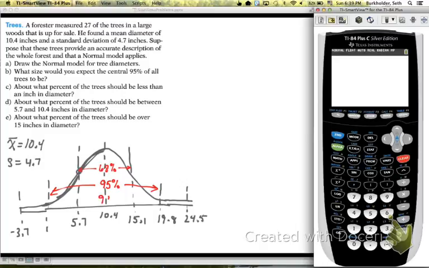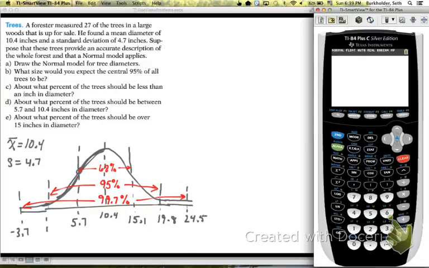And we know that nearly all, let's call it 99.7% roughly, of our values will be within 3 standard deviations, and in this case that's more than 0 and less than 24.5. Now we can use this new diagram to help us answer the next couple of questions.